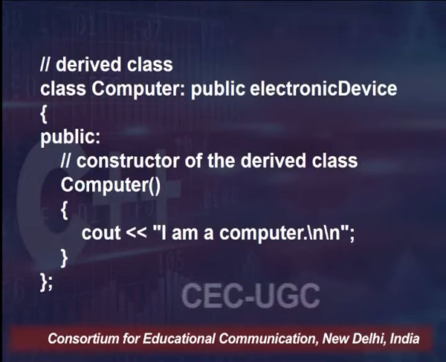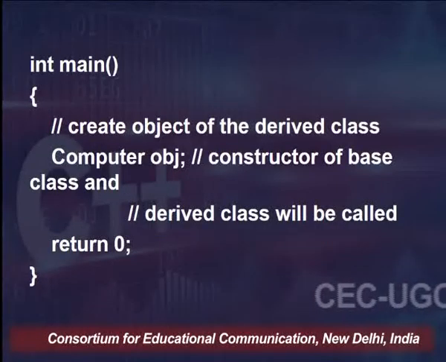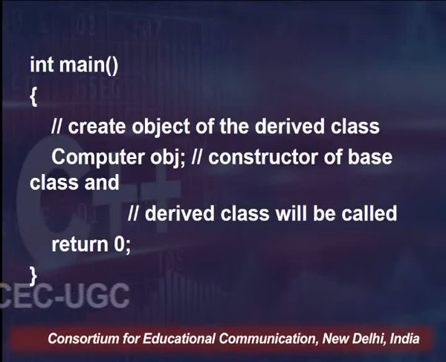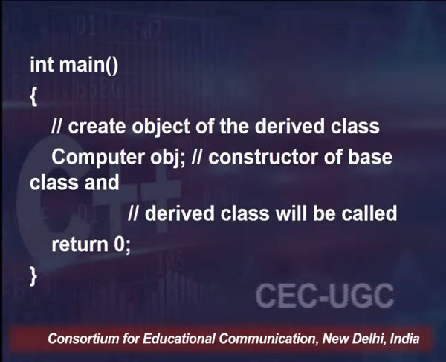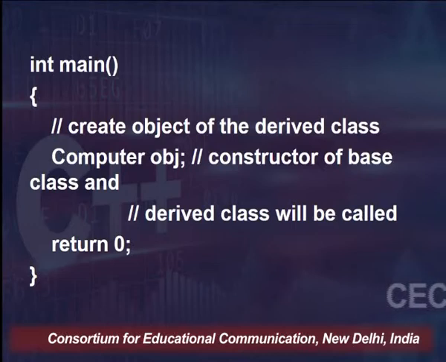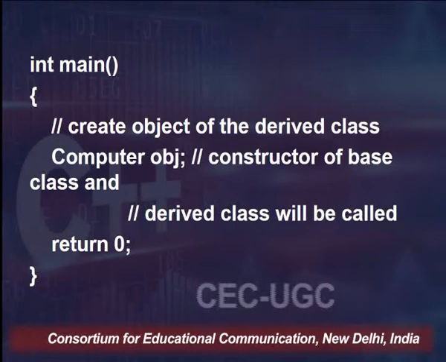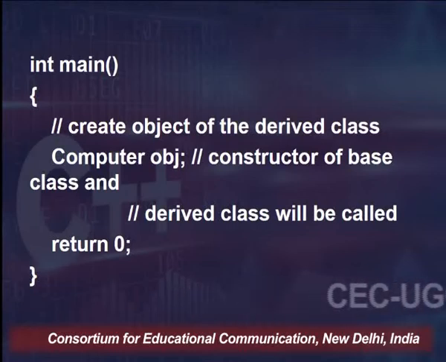Now coming to the main function, integer main, we have created an object of the derived class. This is very important. Which object have we created? We have created the object of the derived class, Computer OBJ.